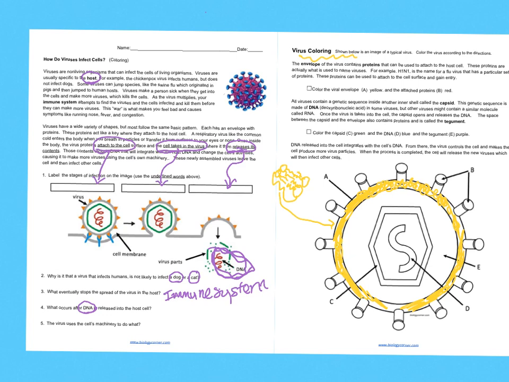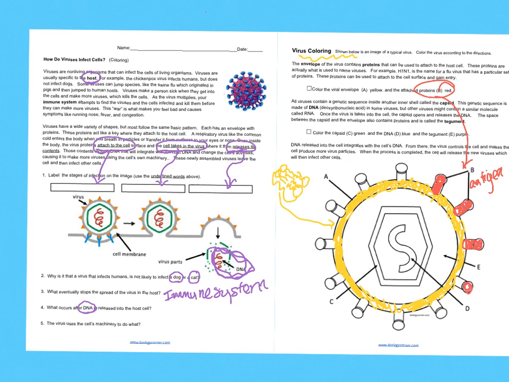This is a two-layer thick envelope around the outside. And the proteins attached onto the outside, we're going to color those red, and it's labeled B. These proteins are better called antigens. An antigen is a marker that's on the outside of a cell.